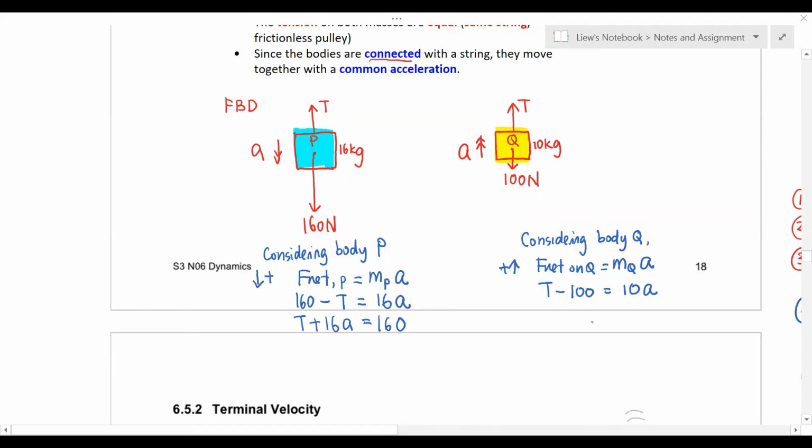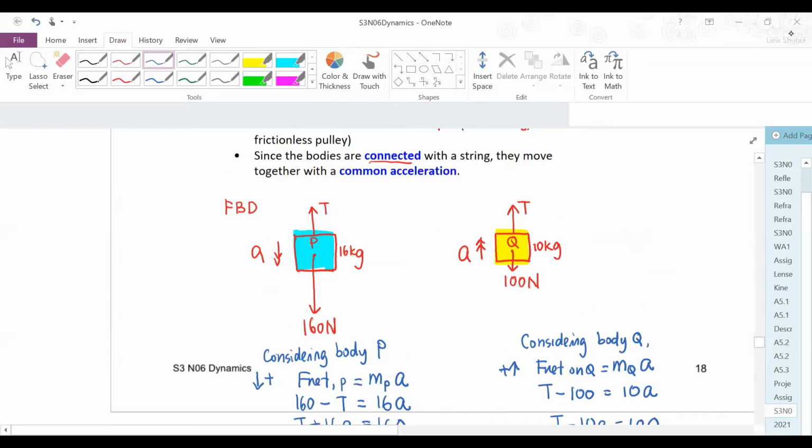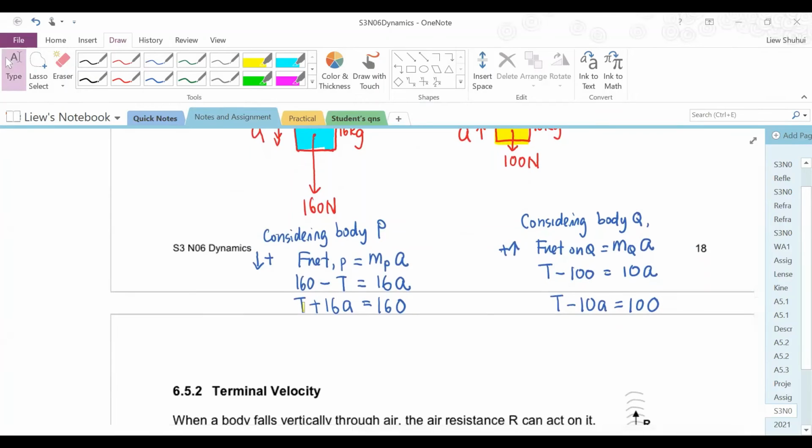And for the equation for Q, I get T minus 10A equals 100. Notice that when arranging the equations, T comes first for both of them, followed by A, followed by the constants on the right-hand side.